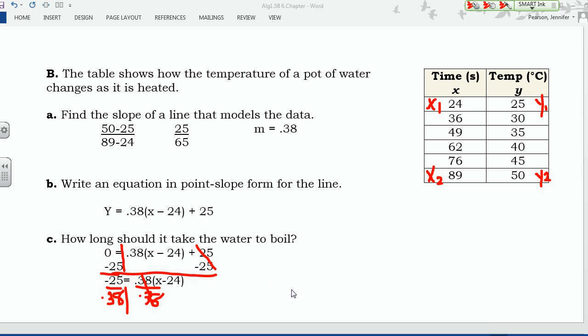Negative 25 divided by 0.38 is negative 65.8 if I round it. So negative 65.8 equals x minus 24. And my last step then would be to add 24 to both sides.